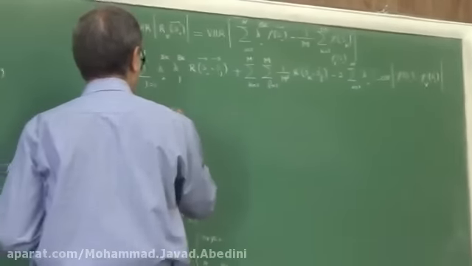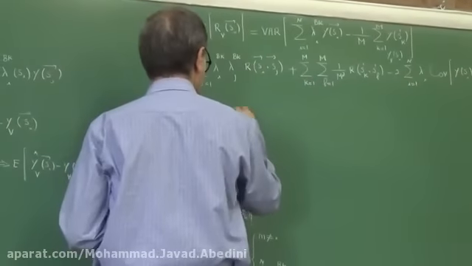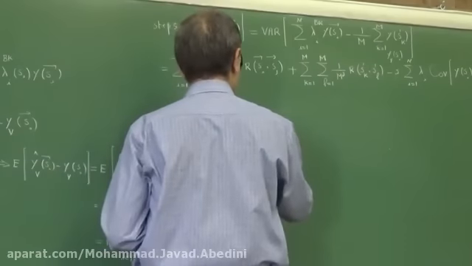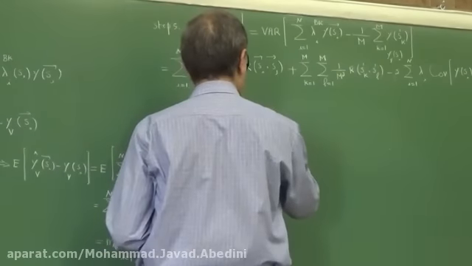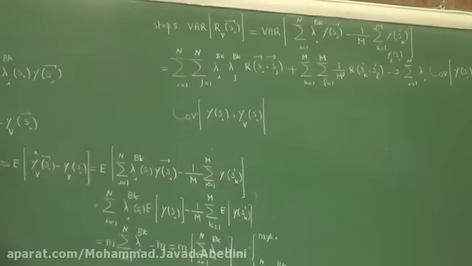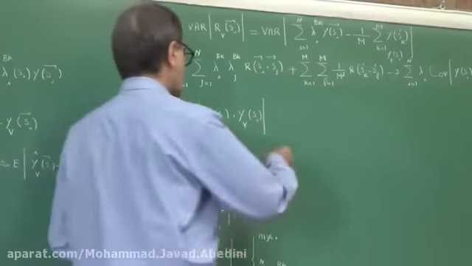y at Si, y b at S0. Back to basic statistics. If you want to compute covariance between these two random variables, you can use this formula.